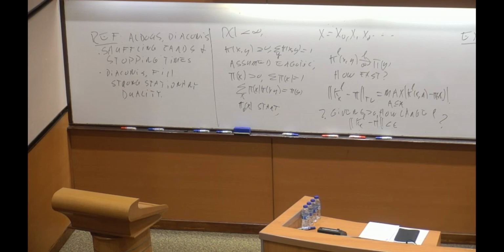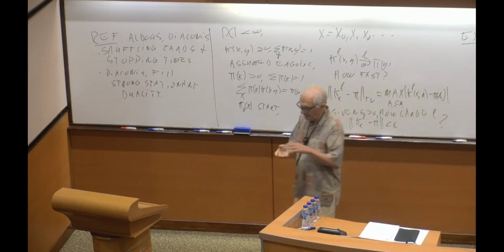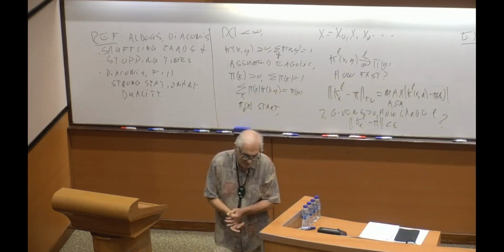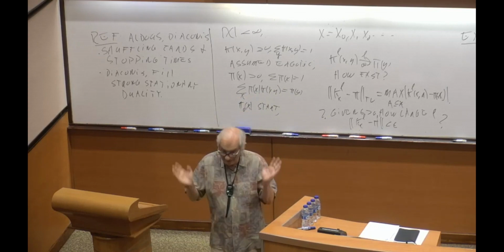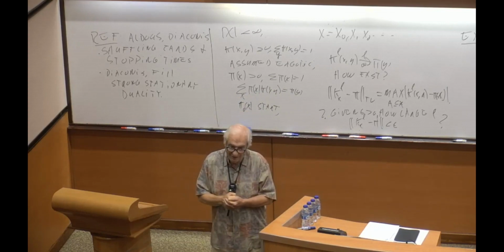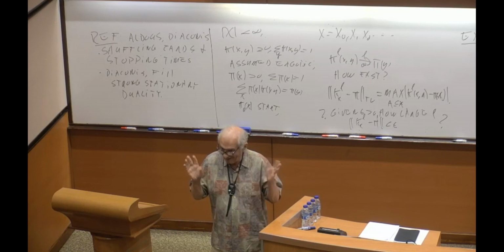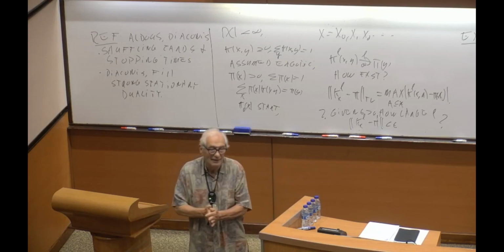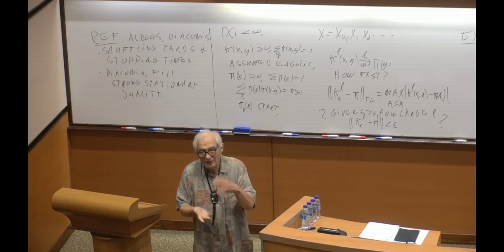And I'll write this down as math in a second, but the state space is all n factorial arrangements of a deck of cards, and for me n is 52, and I mean that. And the Markov chain is the following.